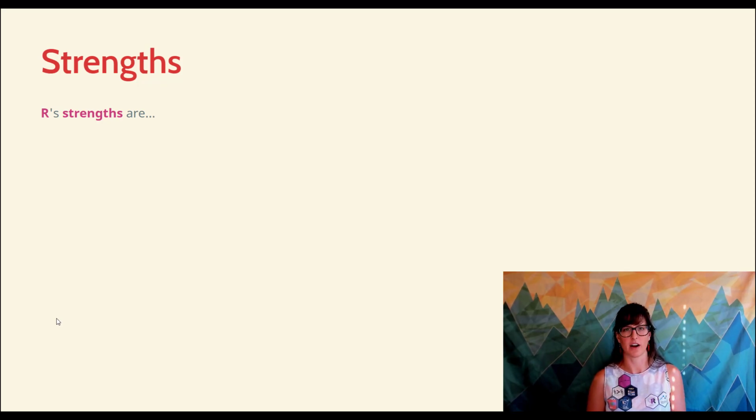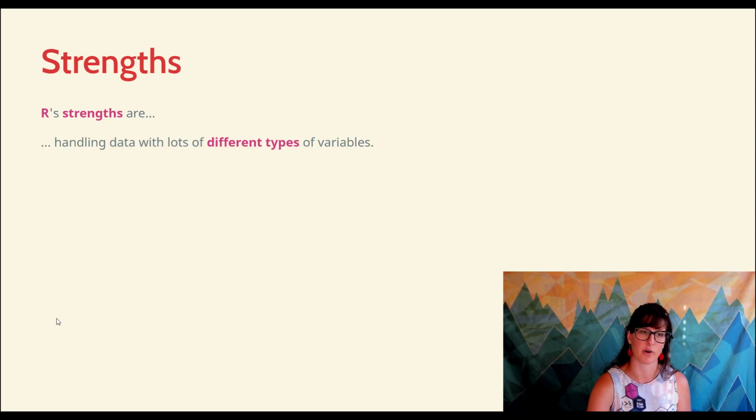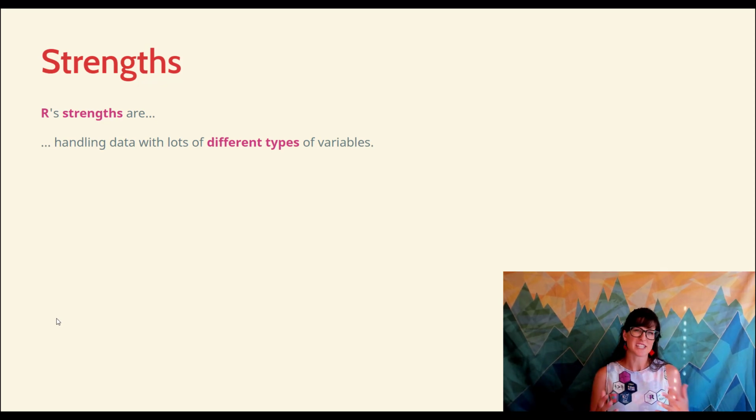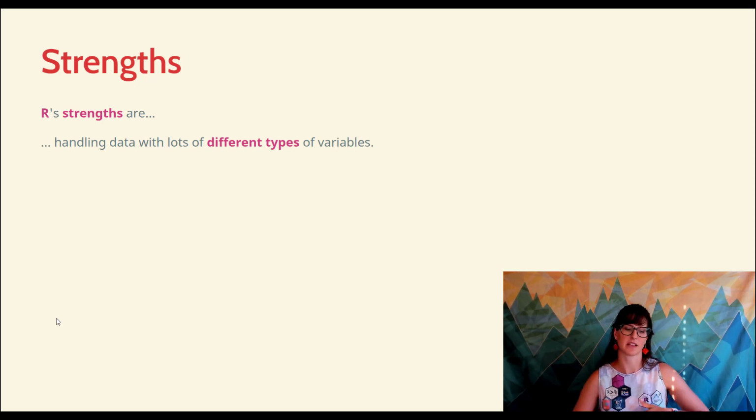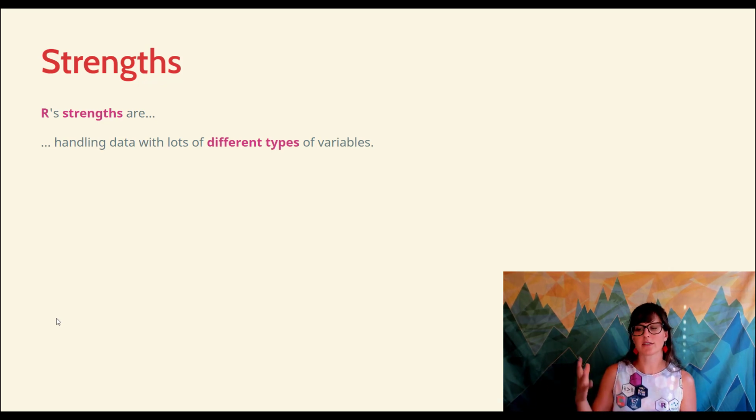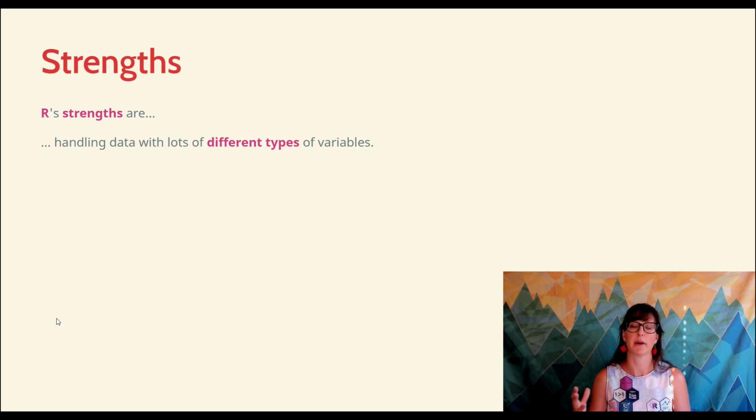So the strengths of R, the things that people come back to it for. Well, initially, its main strength was handling data with different variable types. So you might have categorical data, something like a person's name or the state that they're from, that kind of thing. And then you also have this quantitative data, so it's numeric. You've got like their height or their GPA, that sort of thing. And so most programming languages aren't really built to handle these two types of data together.